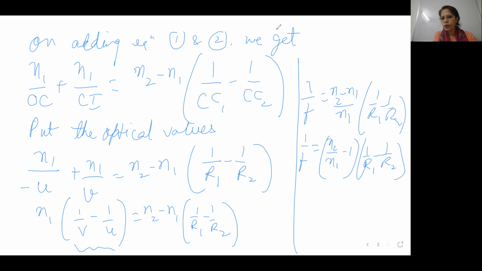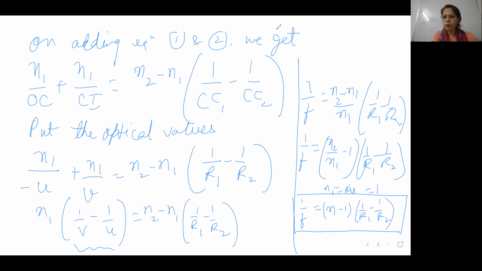Now if the medium is air, if N1 is air, then it is 1. So it can be written as 1 upon F equals N minus 1, 1 upon R1 minus 1 upon R2. So this is your lens maker formula. I hope it is very, very clear to you all.